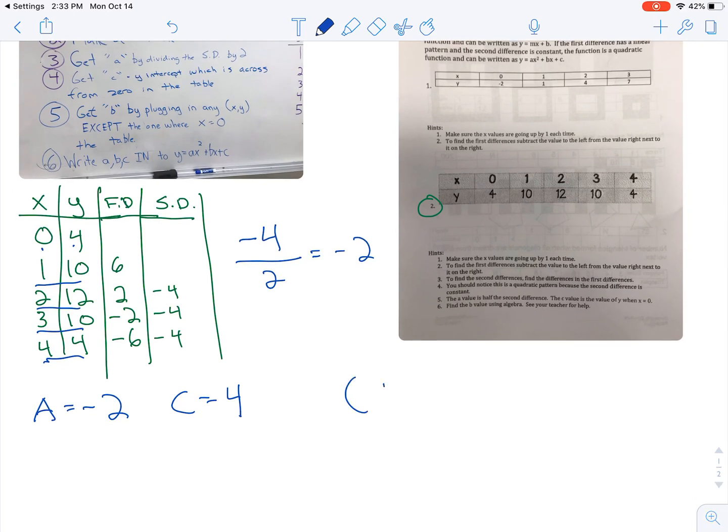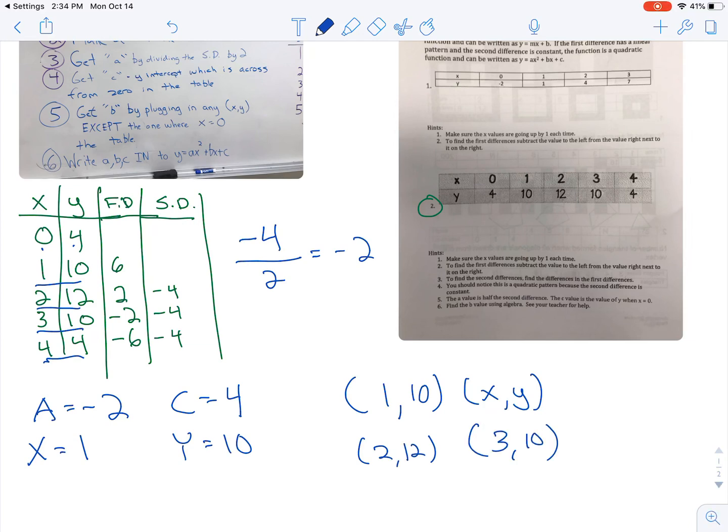So my point is 1, 10. And I just like writing in clearly that x is 1 and y is 10 because the points go x, comma, y. I also could have used 2, 12, or I could have used 3, 10. All of them are going to get you the same answer.